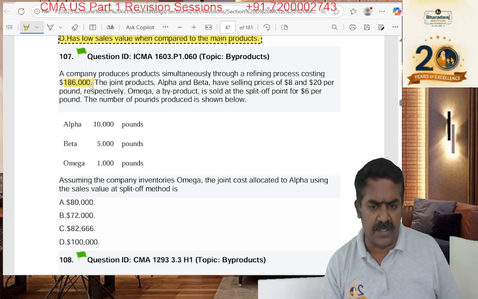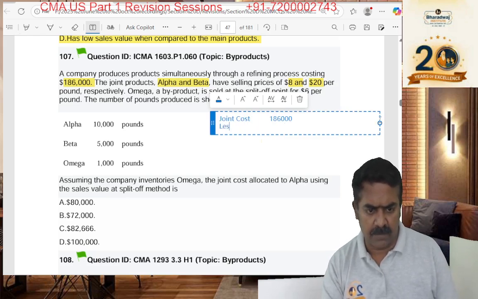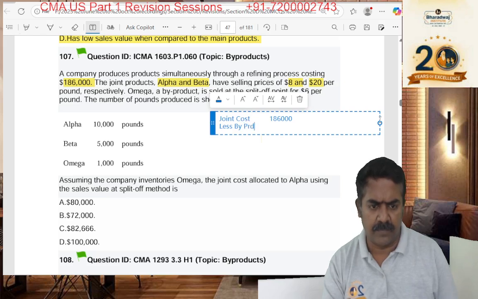Joint cost is 1,86,000. Alpha and beta have selling prices of 8 and 10 given. Omega byproduct can be sold at 6. So simple. What is the joint cost, less byproduct value? 1,000 into 6 is 6,000.